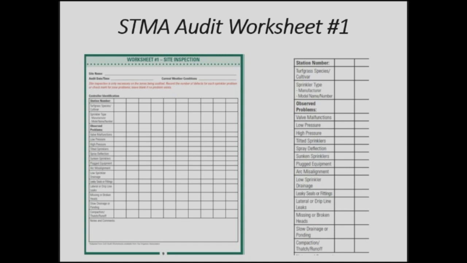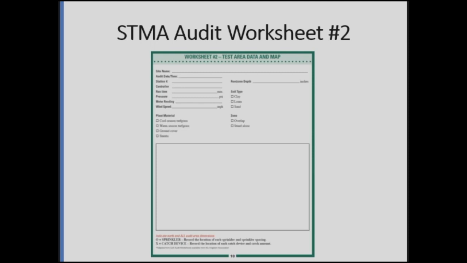The next one is where you actually can put some of the information about your test area. So site, where are you putting the actual testing audit stuff? What is the pressure? How much did you run? What type of soil do you have? Why does that matter? Why would the soil matter when we're thinking about irrigation?